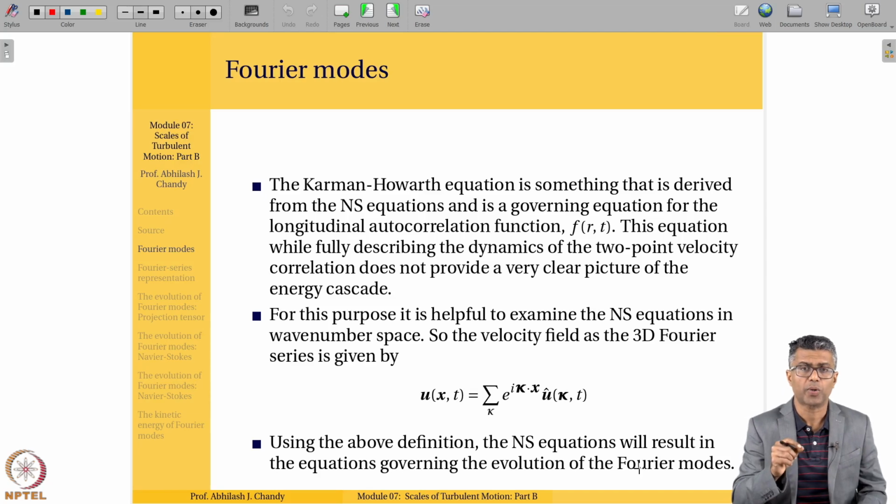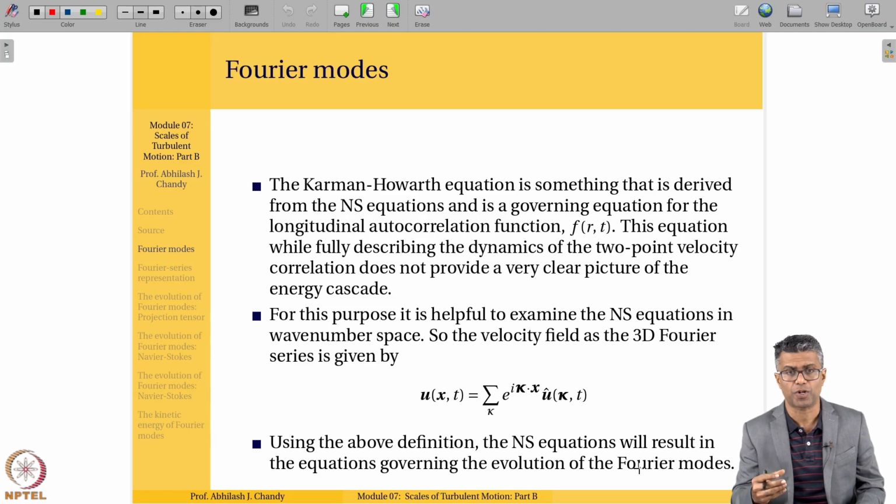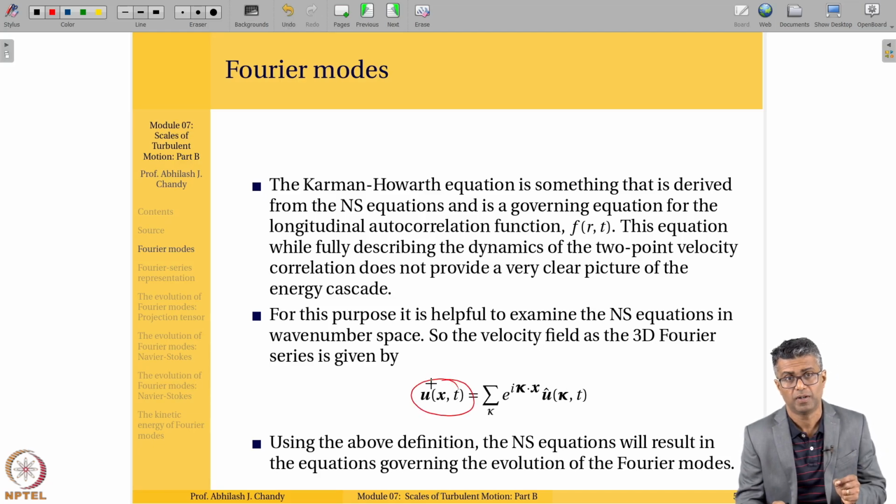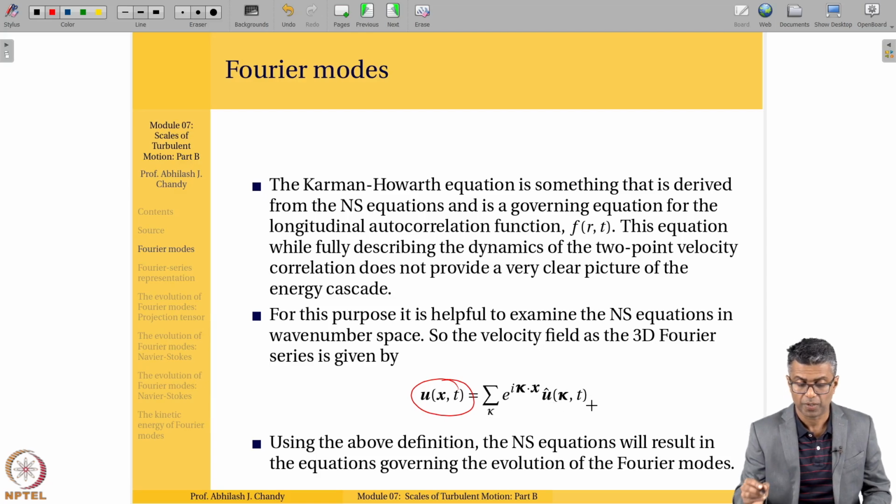So since we are looking at wave numbers instead of frequencies, we can write the Fourier transform as follows. Here I am writing u of x, t, which is a physical space variable. It is written as the summation over all wave numbers of e to the i kappa dot x times u hat of kappa, t.